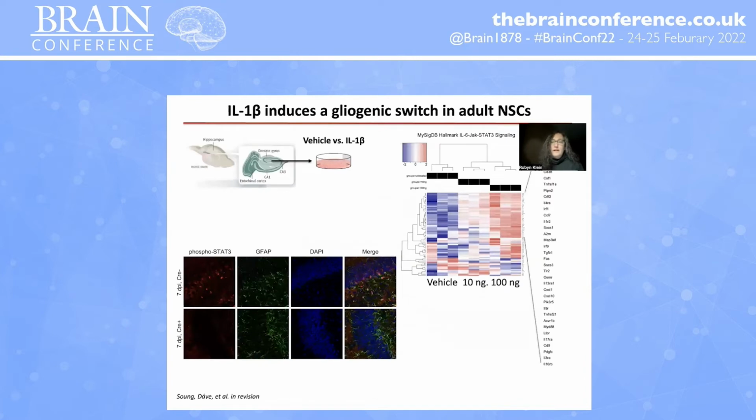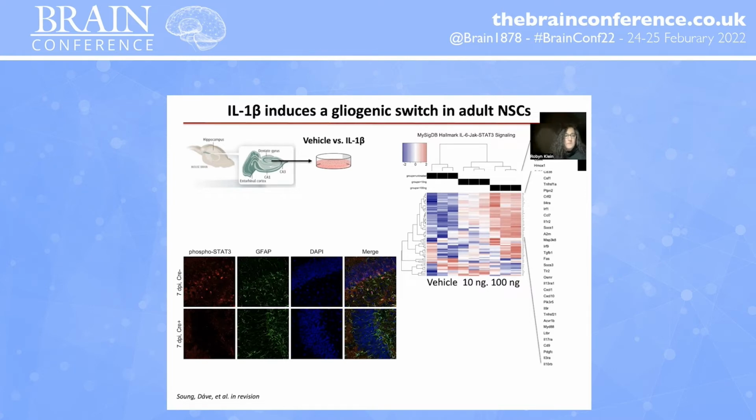And so we performed bulk RNA sequencing of adult neural stem cells that we harvested from normal hippocampal dentate gyrus that were treated with vehicle versus IL-1 beta. And what we found was that there was upregulation in the IL-6 JAK-STAT3 signaling pathway, suggesting that IL-1 beta really causes a gliogenic switch in these adult neural stem cells, so that they derail neurogenesis in favor of astrogenesis.